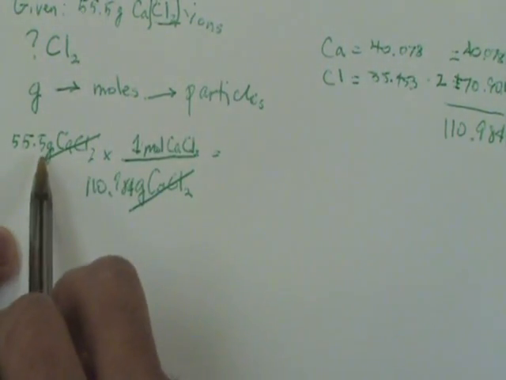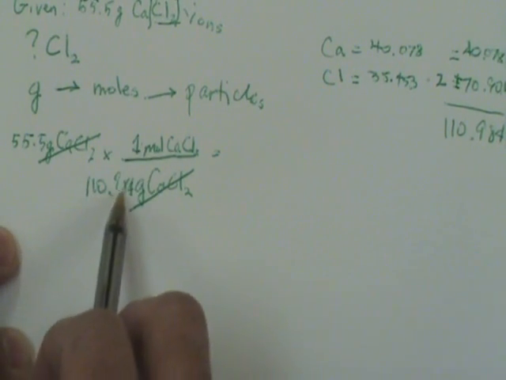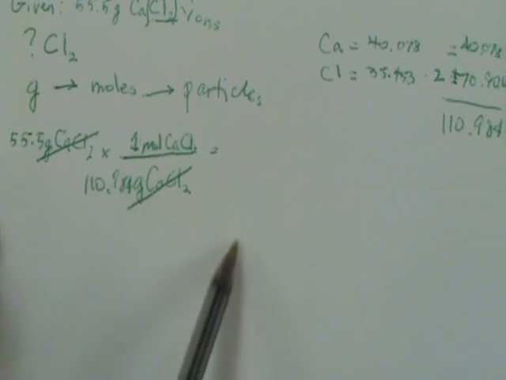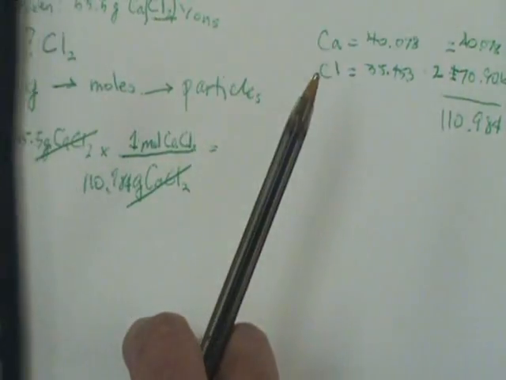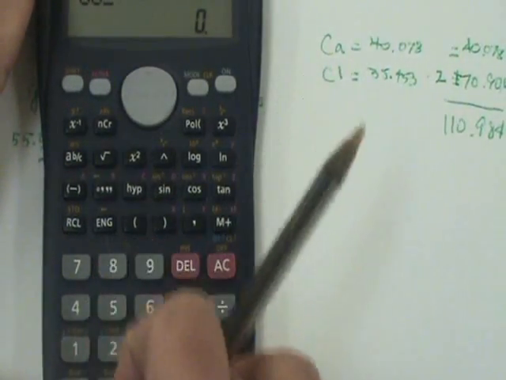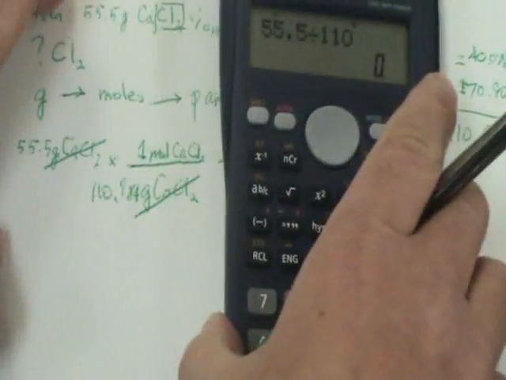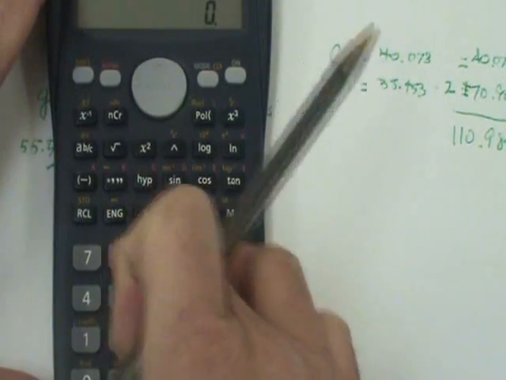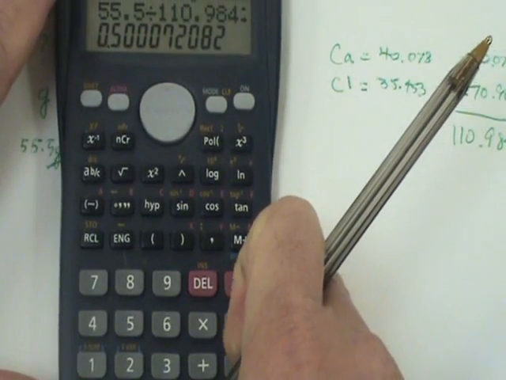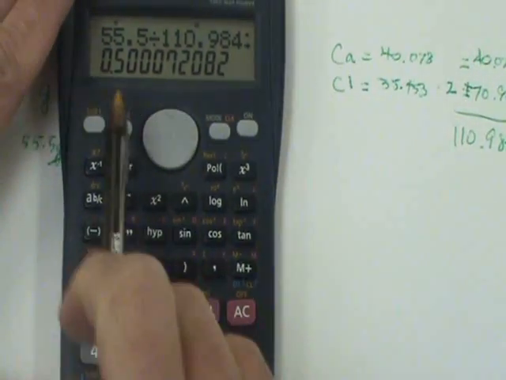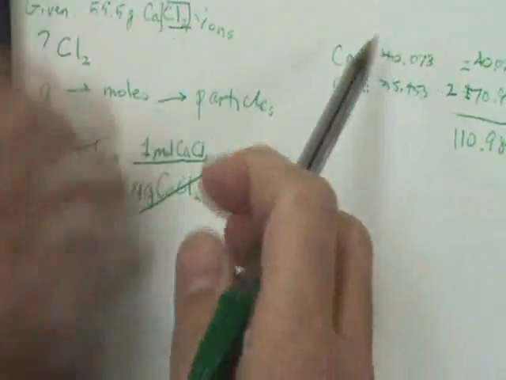So when you're doing the math now, it's 55.5 times 1 divided by 110.984. Let's do it here. That's 55.5 divided by 110.984. There we go. That's 0.5. You see a lot of zeros here, so let's stick with 0.5 moles.